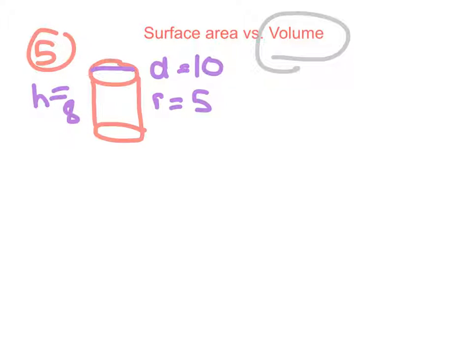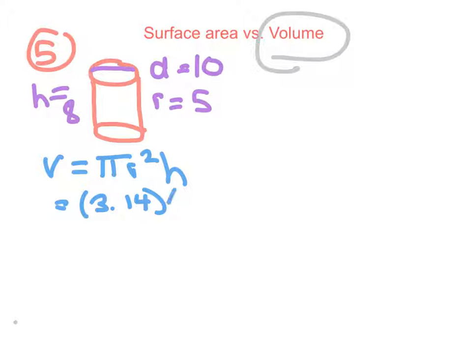So I'm going to need to pull out the volume of a cylinder formula from the formula sheet. And that's going to look like this. Volume equals pi r squared h. So we already have all this information. We know that pi is 3.14. We know the radius is 5, and we're going to square that.